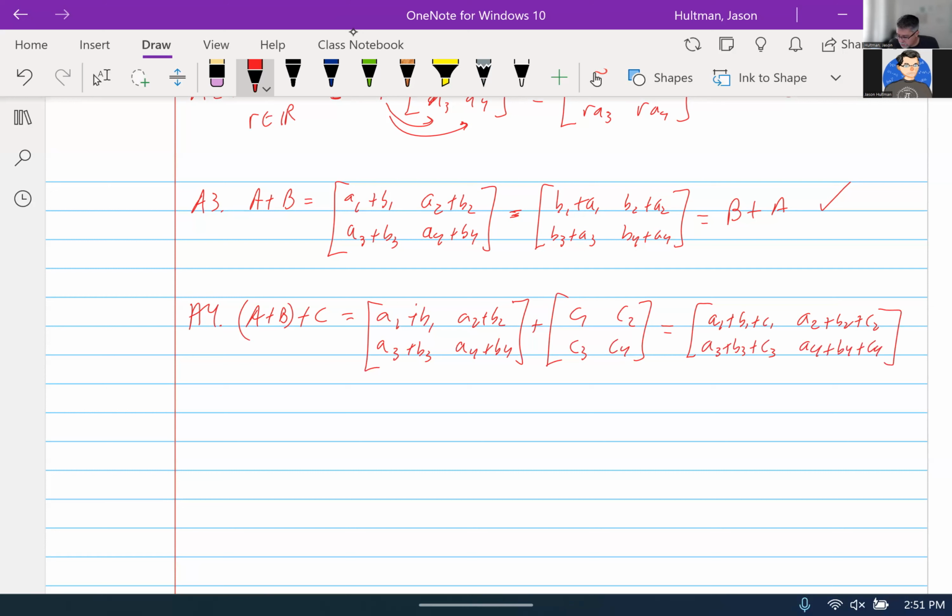And what I'd like to do is break off A, and I could say that this is the same as A1, A2, A3, A4 plus B1 plus C1, B2 plus C2, B3 plus C3, and B4 plus C4, which is equal to A plus B plus C. So the associative property checks.